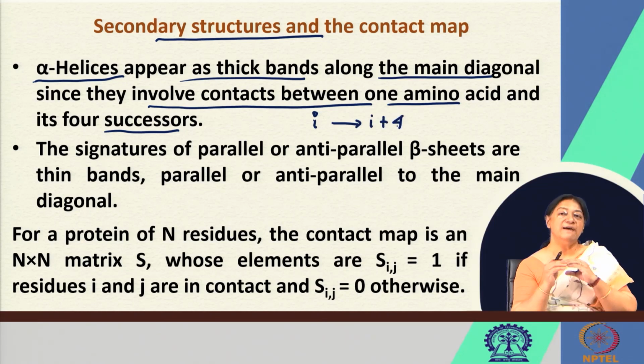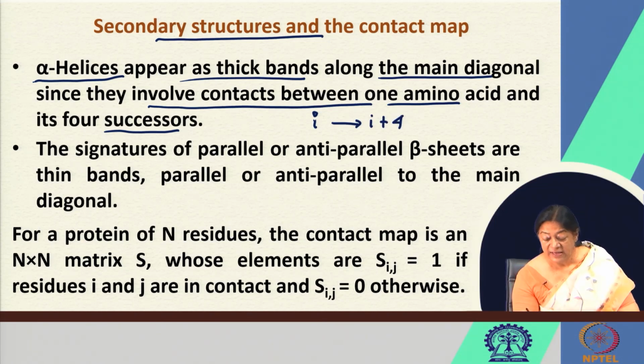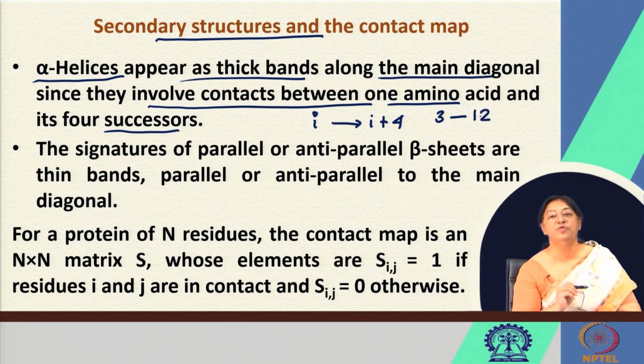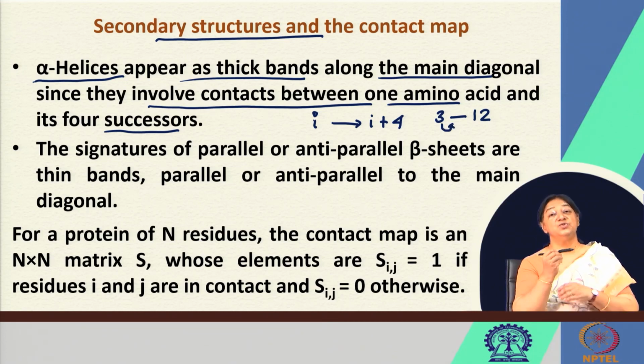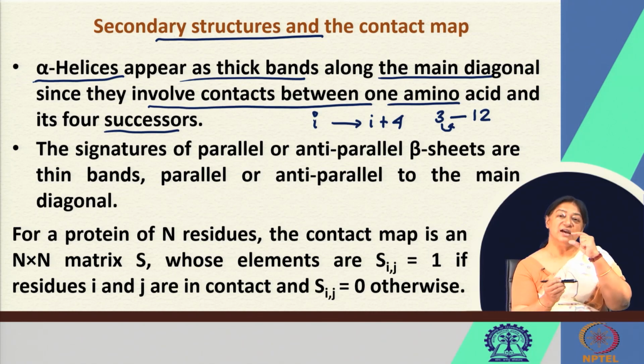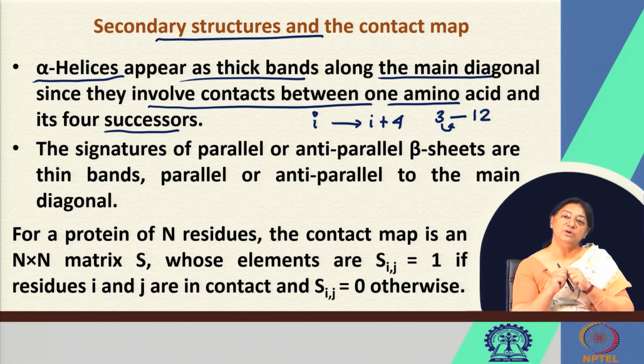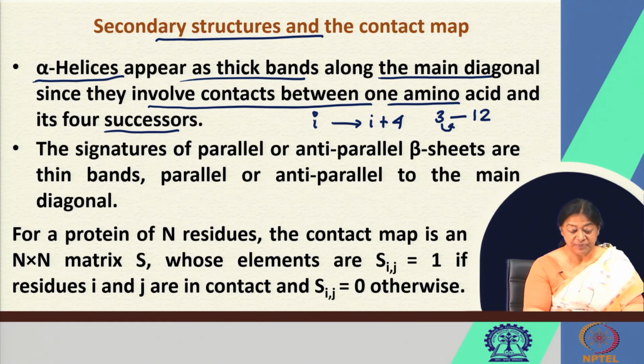Because we have the compact structure in the alpha helix, if residues 3 to 12 were to form an alpha helix, what would I expect? This means that 3 is close to 4, 5, 6, and 7, and there is a hydrogen bond between 3 and 7, meaning that 3 and 7 are going to be close in three-dimensional space.